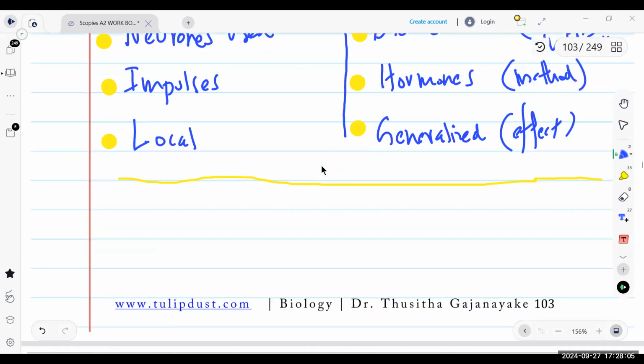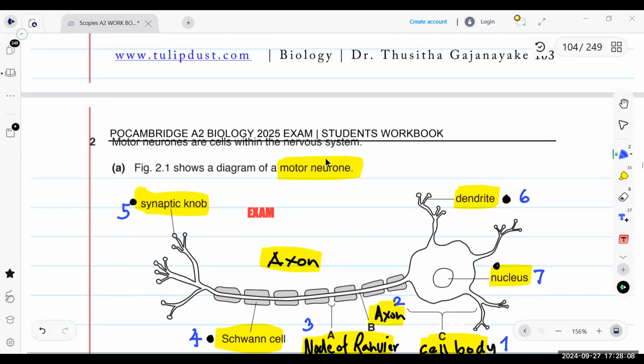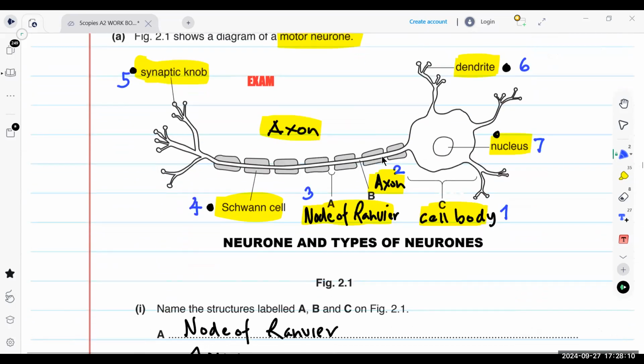So this is the axon. This axon is wrapped with another type of cells called Schwann cells. The gray colored cells are called Schwann cells. First we're going to learn how action potential transmits across the nerve. As I always told you, the direction of impulses is this way: cell body to the synaptic knob.